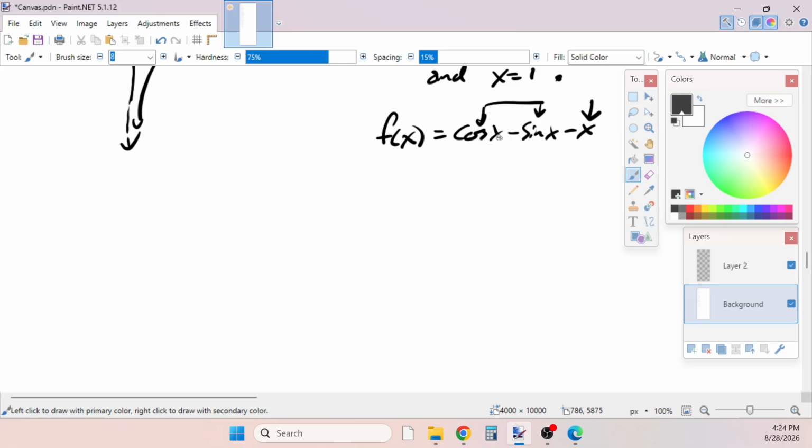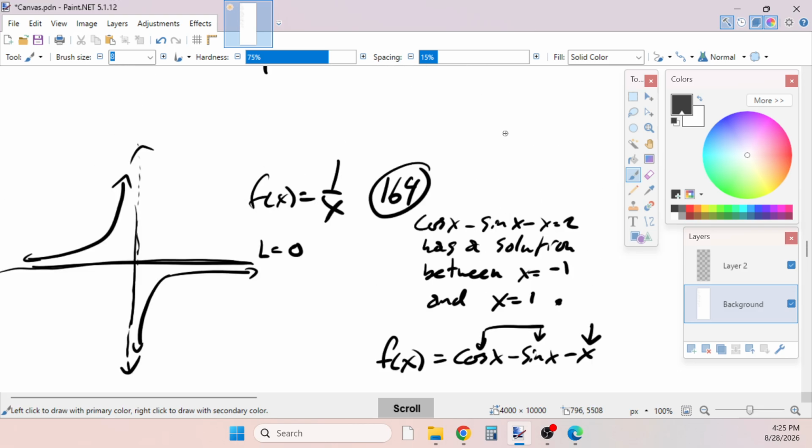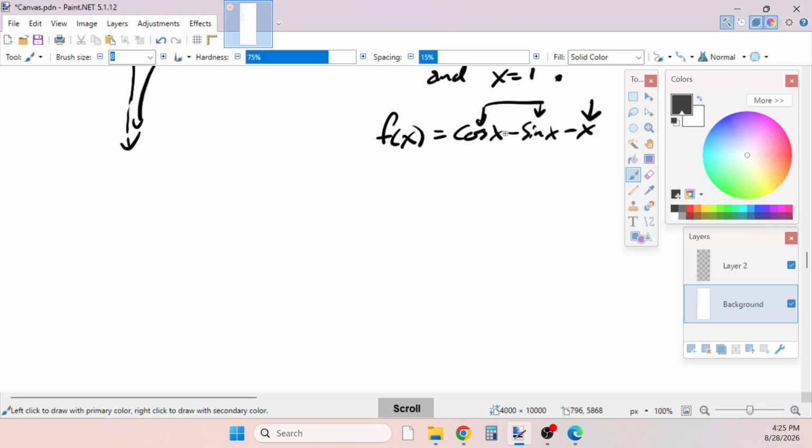And adding, subtracting, multiplying, dividing, and composing elementary functions gives a continuous function so long as it's defined. There's our function. If I plug in f of negative 1, I get cosine of negative 1 minus sine of negative 1 minus negative 1, which is plus 1.